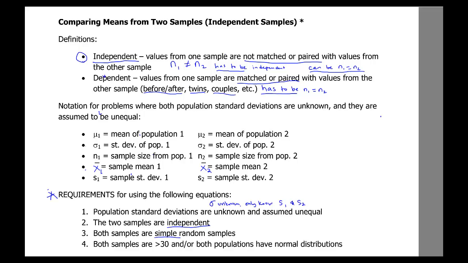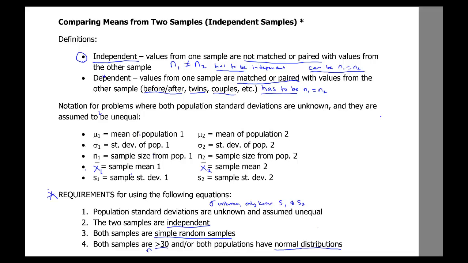They both have to be simple random samples, and you have to check, is the sample size greater than 30? If it is, then you're good. If the sample size is not greater than 30, then it should say somewhere in the problem that they have normal distributions.